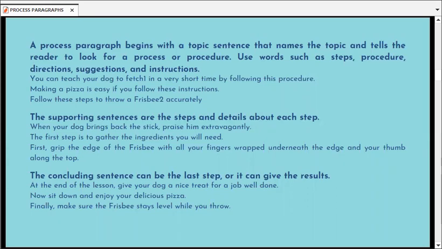The concluding sentence can be the last step, or it can give the result at the end of the lesson. Give your dog a nice treat for a job well done. Now, sit down and enjoy your delicious pizza. Finally, make sure the frisbee stays level while you throw.